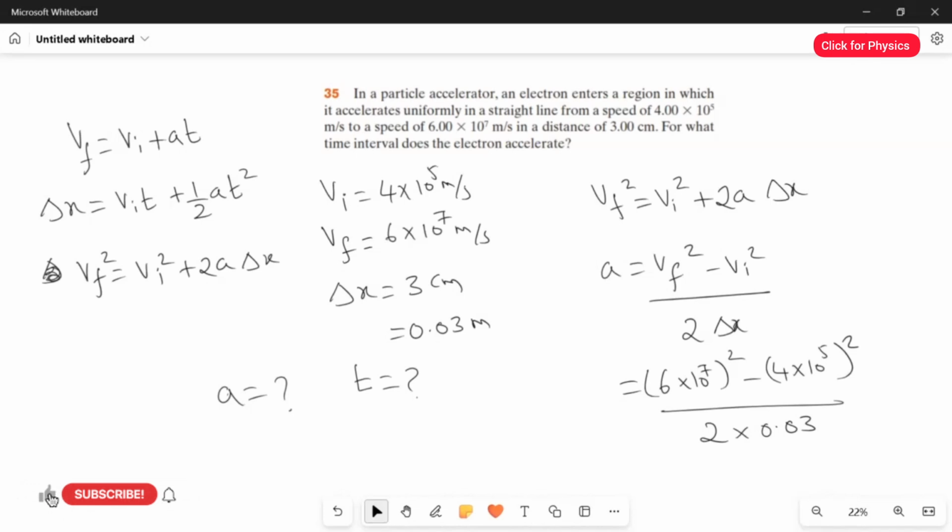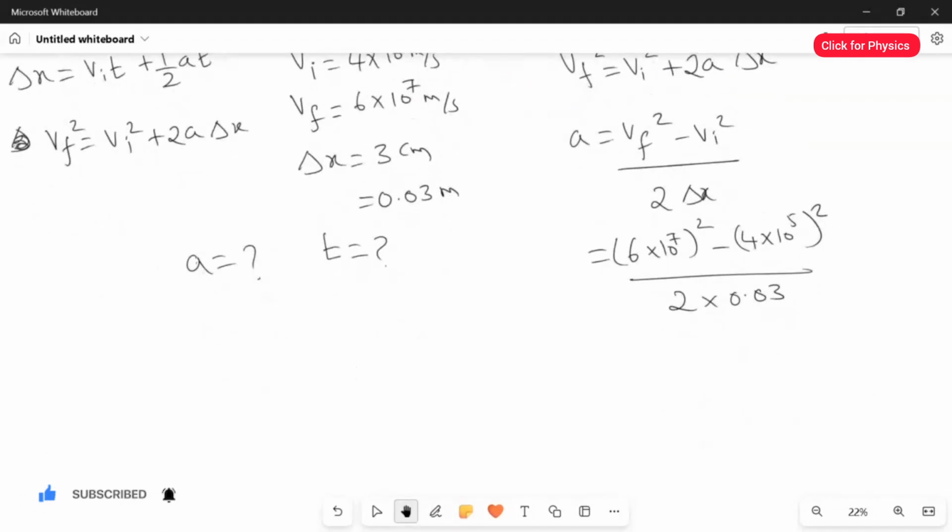I got 5.9997 × 10^16, so a equals 5.99 × 10^16 meters per second square. Or if you want to round the number, you can, or you can use the number as it is. Actually we have 3 nines here, so better we use it as it is. Clear? So I have to use this value.